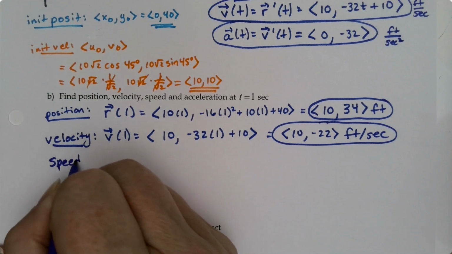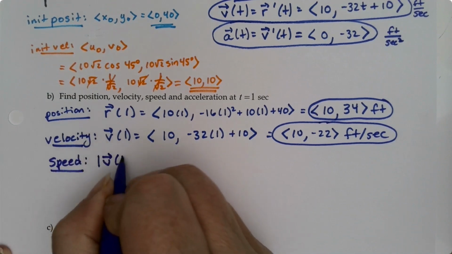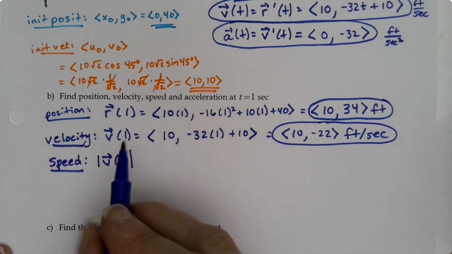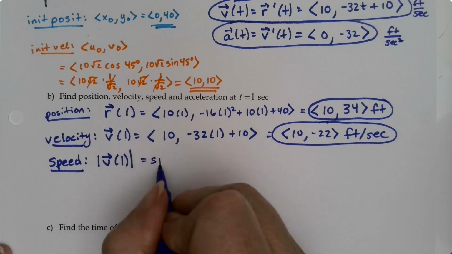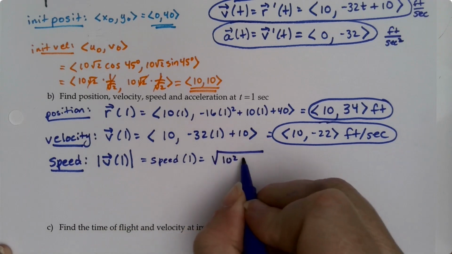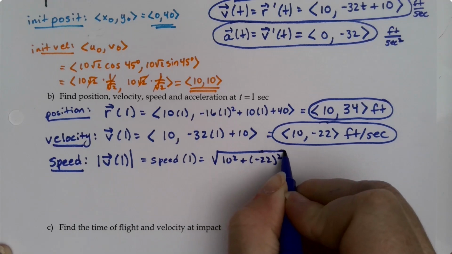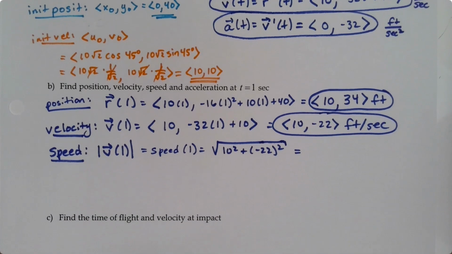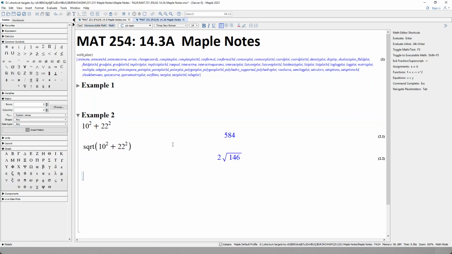Speed is just the magnitude of velocity. And there's not really an abbreviation for speed. I guess you'd call it SP, speed. So I'll just call that speed at 1. So that would be the square root of 10 squared plus negative 22 squared. And we're just going to make a computer find those values for us and add them up. I mean, 10 squared is 100. So 22 squared is probably 400 and something. So let me find it. If I want Maple just to find 10 squared plus 22 squared, it can do it, and it's 584.